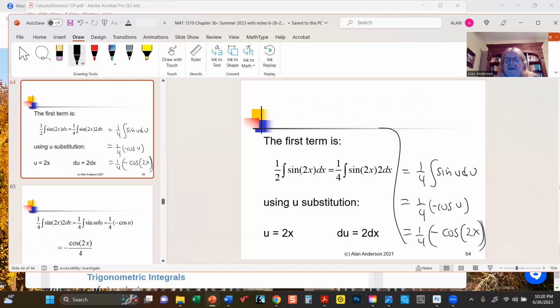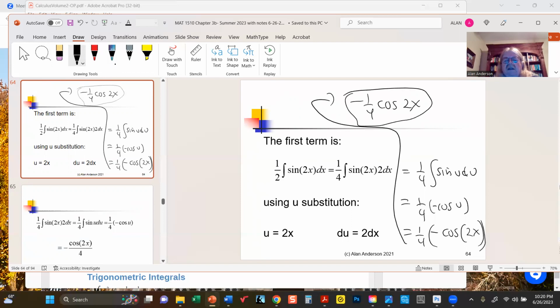And probably that would be easiest written as -1/4 cosine 2x. That would be the result of integrating this term.